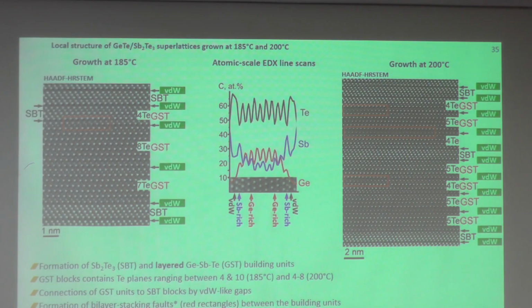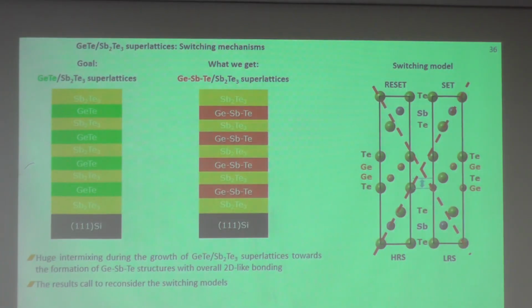So what we can learn from this is, if you want to grow such a periodic system, where you assume you want to grow antimony telluride and germanium telluride individual layers, you will never get this, because due to the high diffusivity of germanium and antimony between the blocks, at the end antimony telluride blocks stay in the system, maybe with some amount of germanium, but there are no germanium telluride layers in the system, so it's fully intermixed GST blocks.